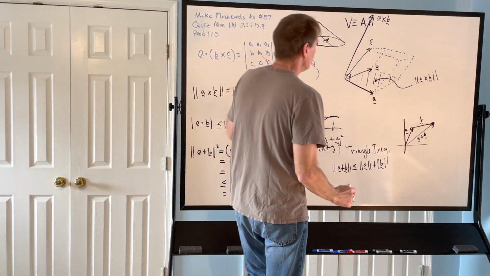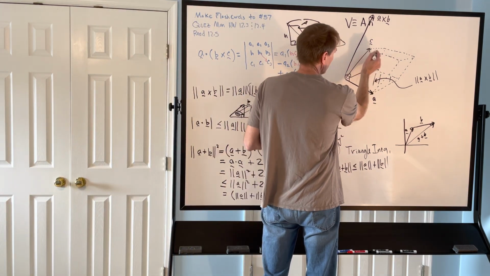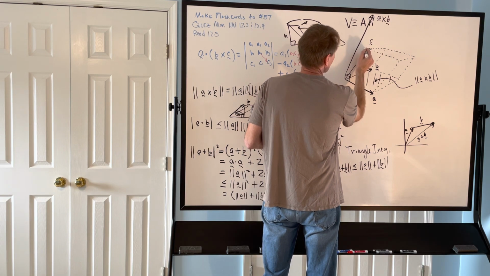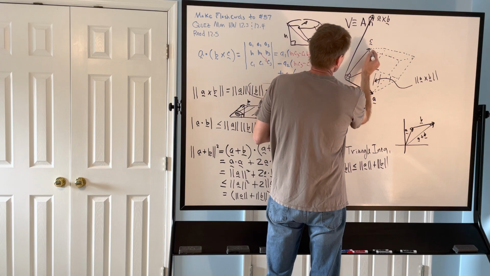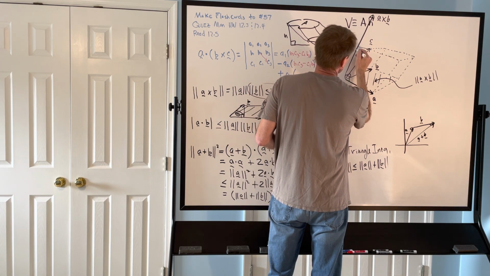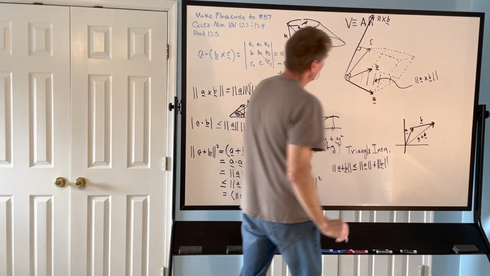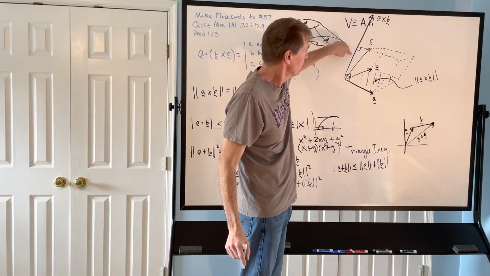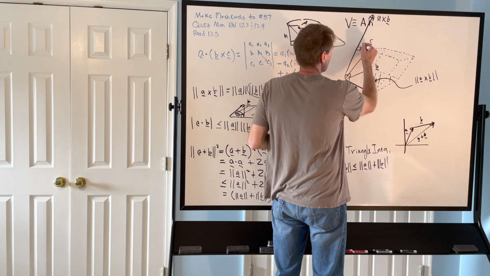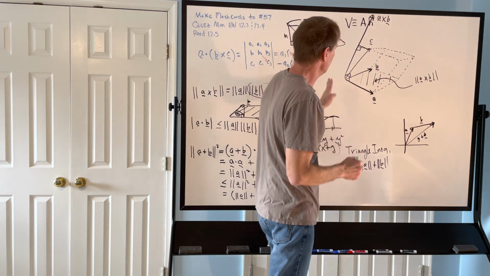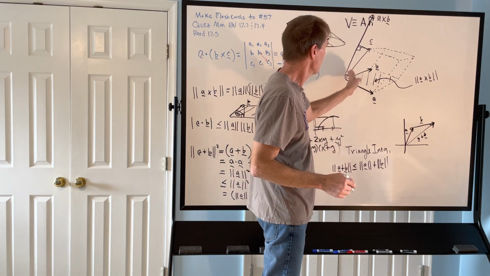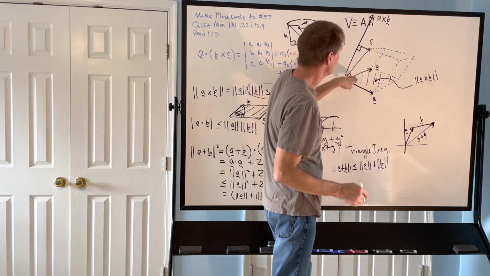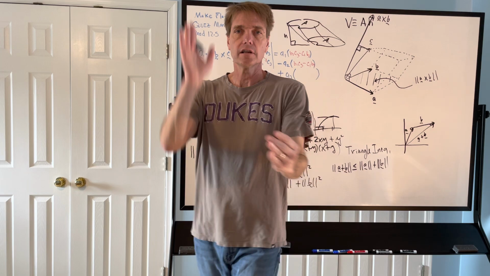Now the height here would be this distance right here, and I don't think I drew that quite great, the perpendicular distance between this vector and this vector sticking perpendicular up.